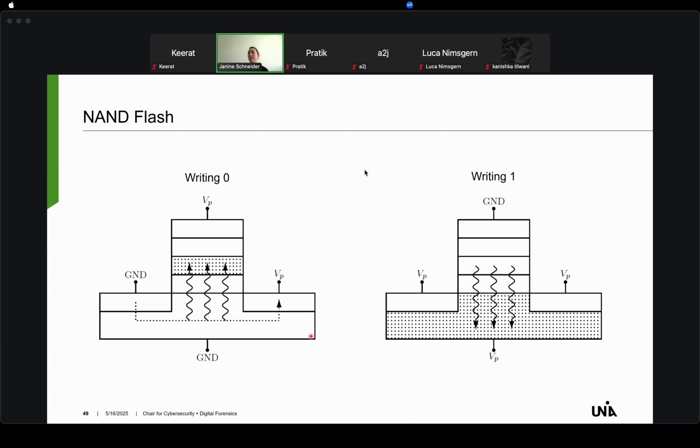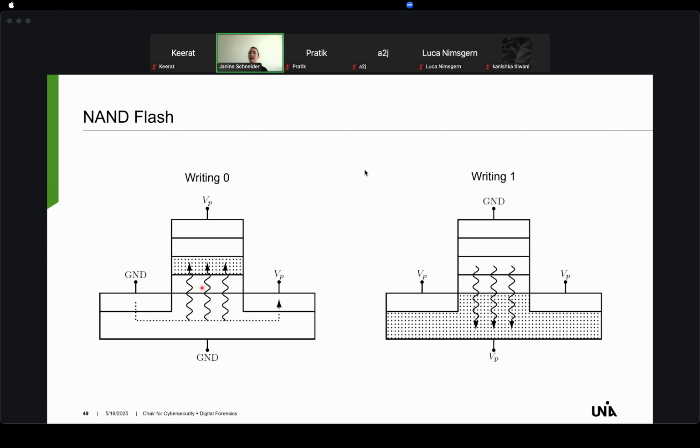The electrons traveling through the tunnel oxide to the floating gate, this process is called hot electron injection. And as I already teased earlier in this lecture, this process damages the oxide, which is why the write cycles of flash memory are limited.